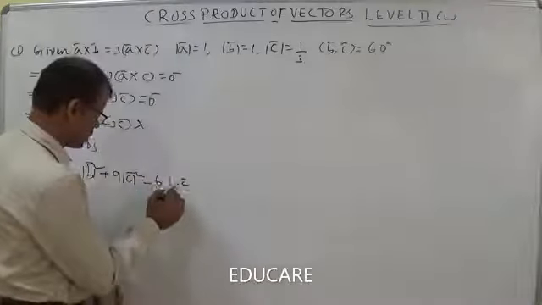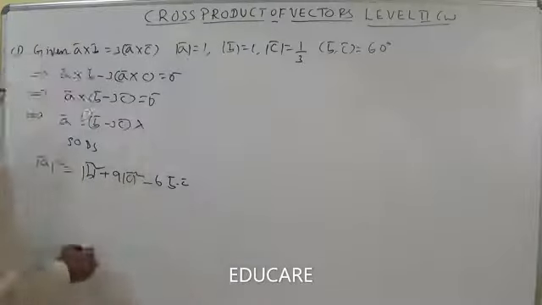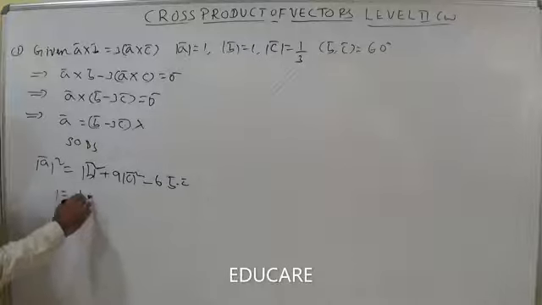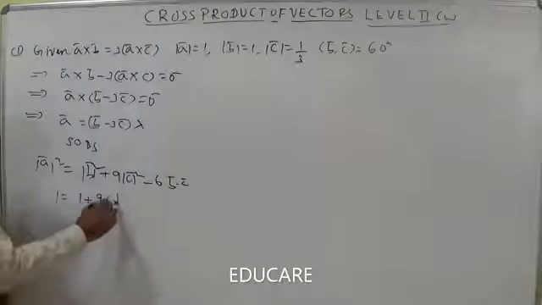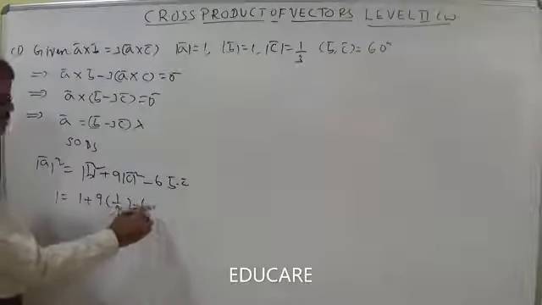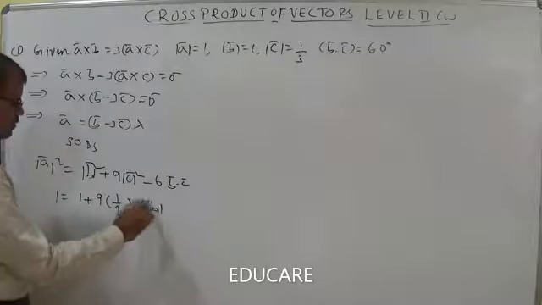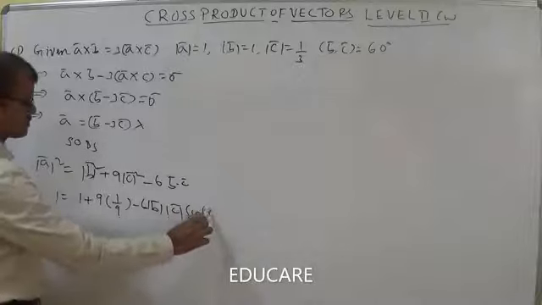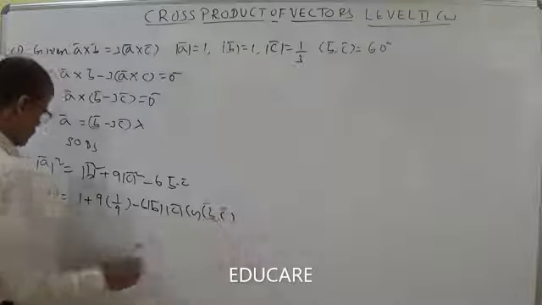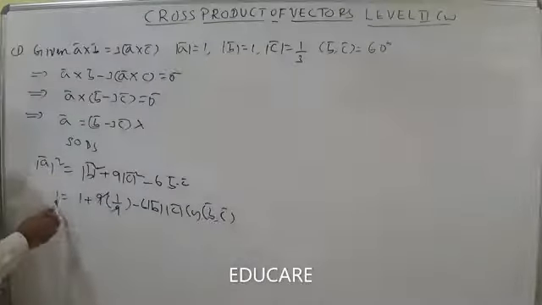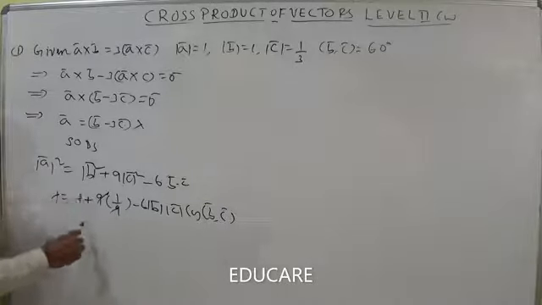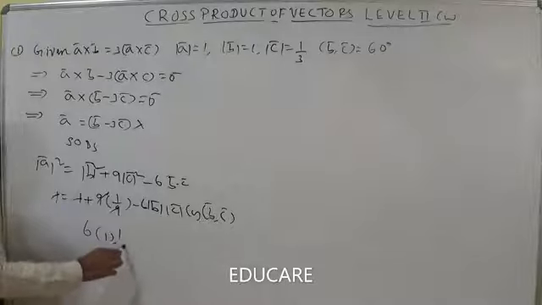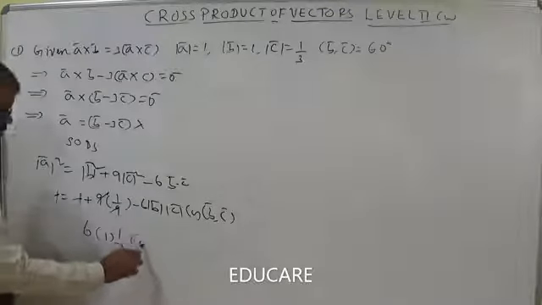Mod A is given as 1, so 1 is equal to 1 plus 9 into 1 by 9 minus 6 into the dot product definition, mod B into mod C into cos of B comma C, that is 6 into 1 into 1 by 3 cos 60 degrees.